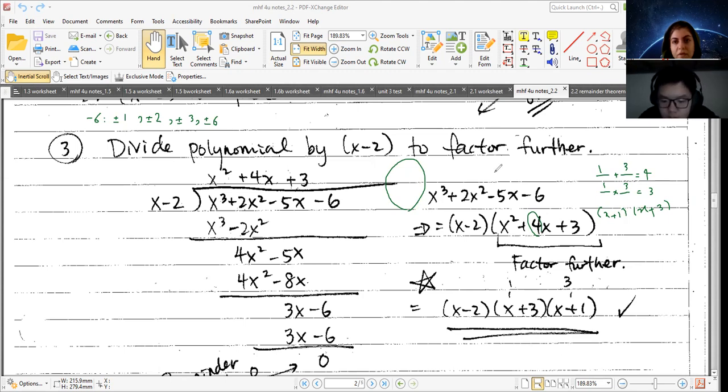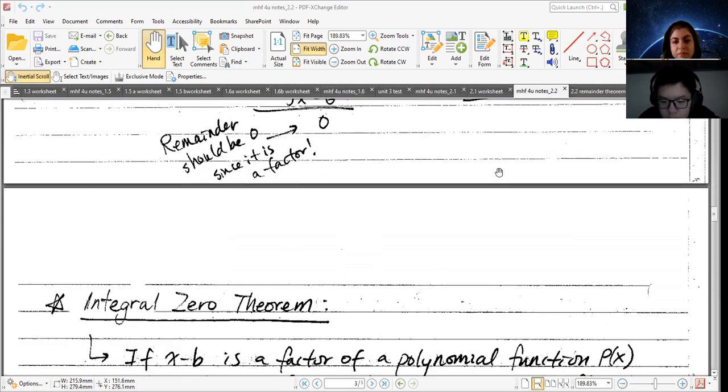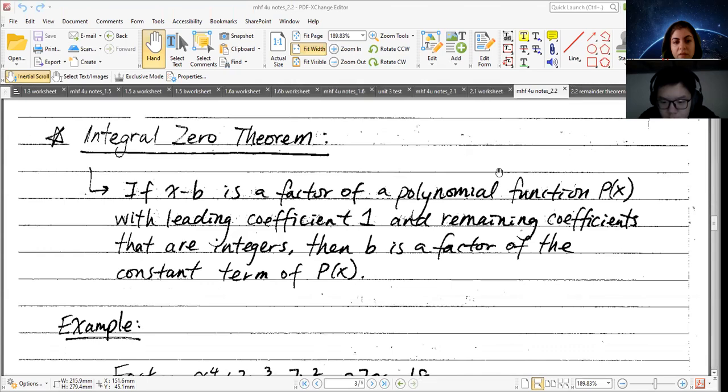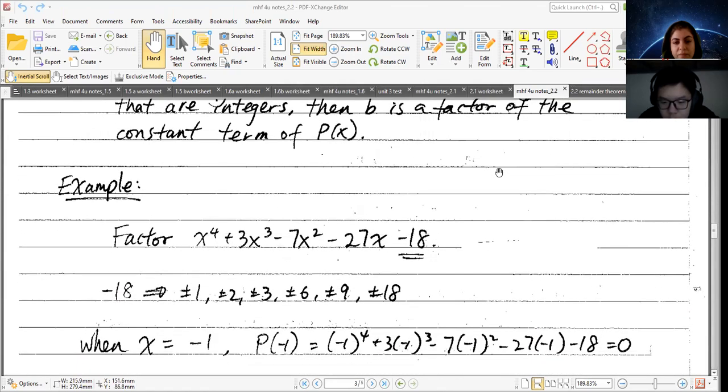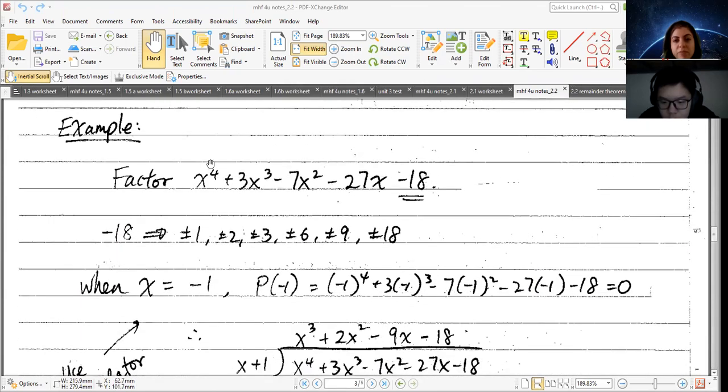This is how we factor. So this is another example. When the highest power is 4, you have to apply the factoring twice. First, you look at the constant. You write all possible factors of 18, which are 1, 2, 3, 6, 9, and 18.